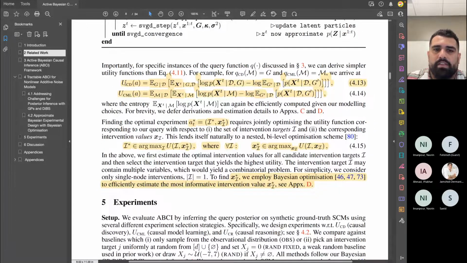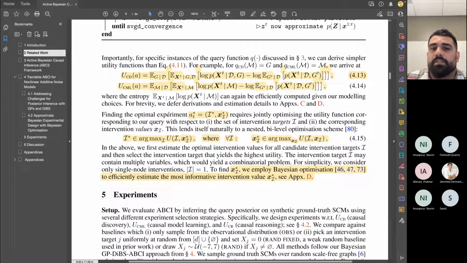So after having this utility function, they want to find the optimal experiment that requires jointly optimizing the utility function corresponding to their query with respect to two things: the set of intervention targets I, and also the corresponding intervention values xi.